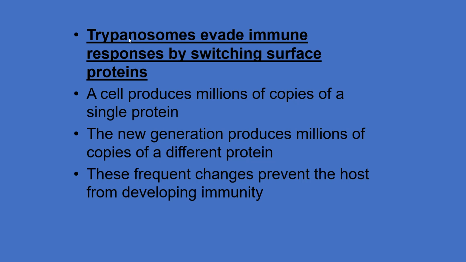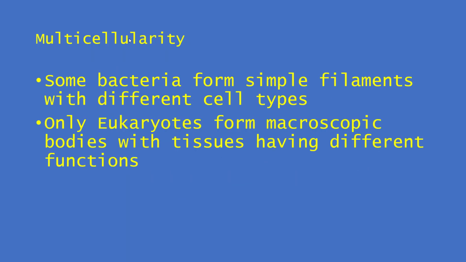Well, your body's immune system works by recognizing invading cells because of their proteins, and then destroying them, starting an immune response. In the case of trypanosomes, they switch their surface proteins all the time, and that allows them to basically become invisible to an immune system. So every new generation, there are millions of different copies of proteins on their cell surfaces, so it's really hard for your immune system to lock onto it and get rid of it. And this prevents immunity from developing.